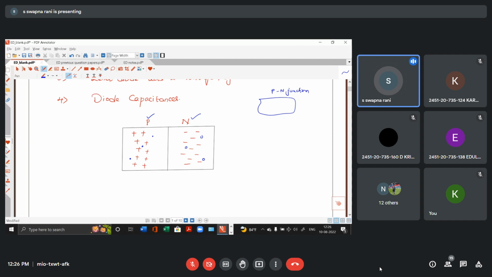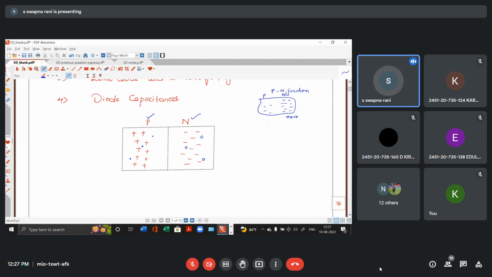If you observe here, electrons are more on this side and very few on the other side. So if you take this PN junction as a whole and observe the number of electrons throughout the junction region, the electrons are more on the N side compared with the number of electrons on the P side.